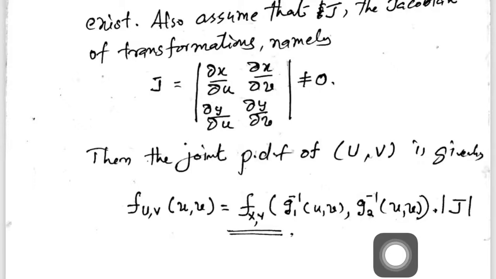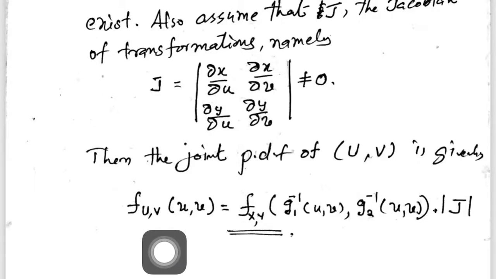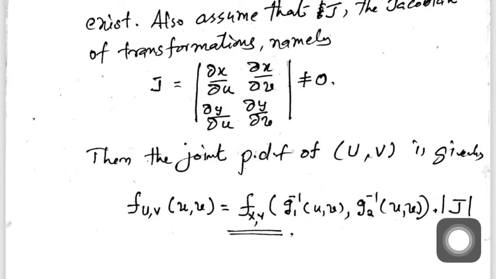For that purpose, you use the formula for the joint density of x and y. That means if you have the joint density of x and y, you can find the joint density of the transformed variables u and v using the Jacobian of the transformation.